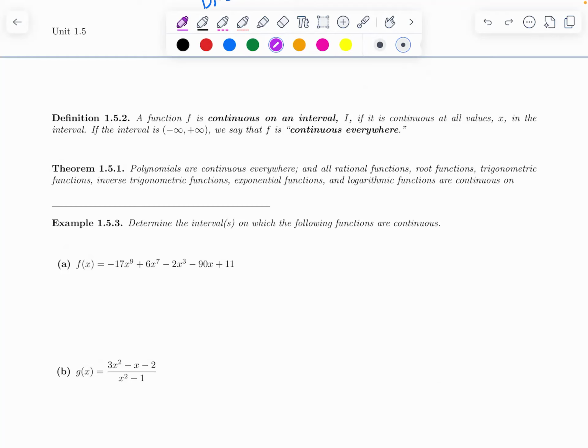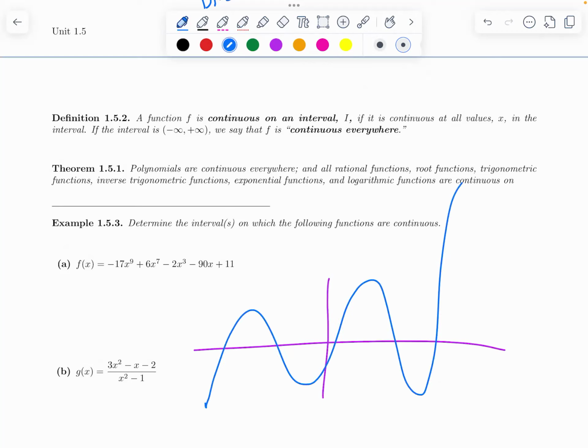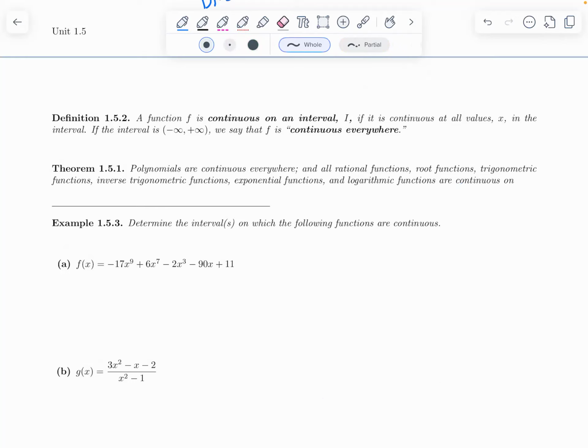Polynomials are continuous everywhere, and that makes sense. We learned about how to draw polynomials in Math 126, and the number of bumps, hills and valleys changes depending on the degree, but overall they always end up looking something nice like that. Polynomials are continuous everywhere.